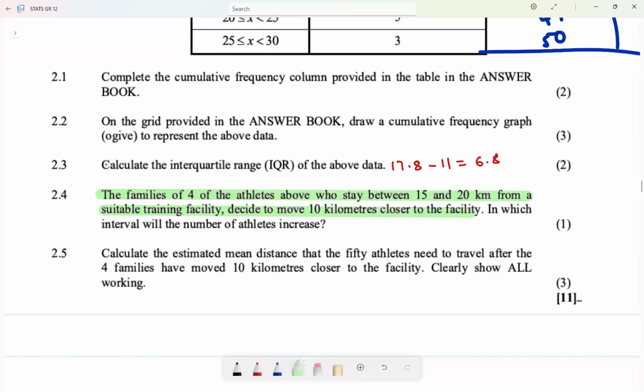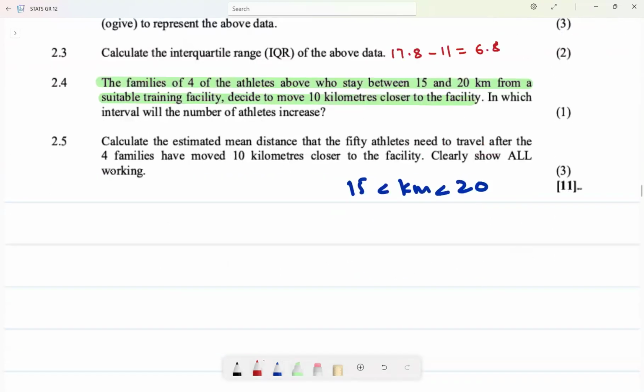So if you were traveling 15 to 20, and then you decided to move 10 kilometers closer, it means now you are decreasing the distance. So your distance will now be minus 10, which is now 5 to 10 kilometers.